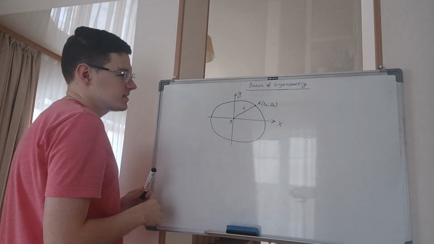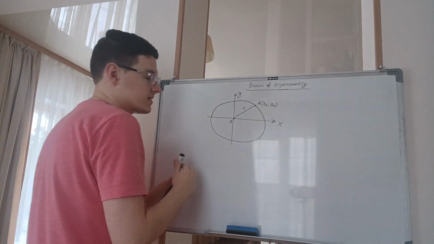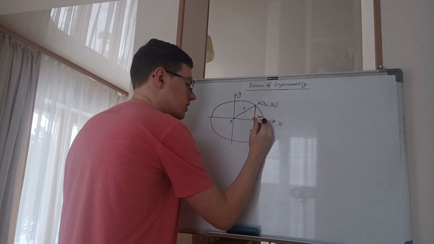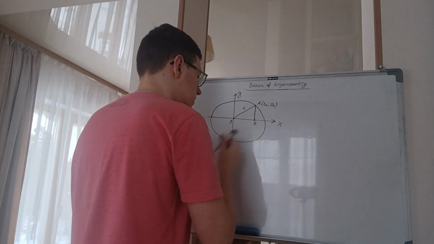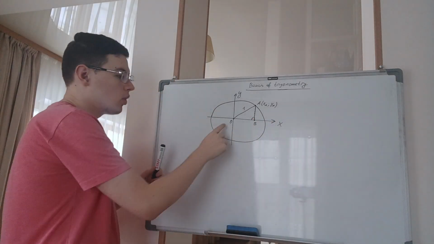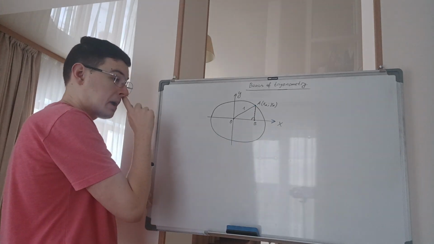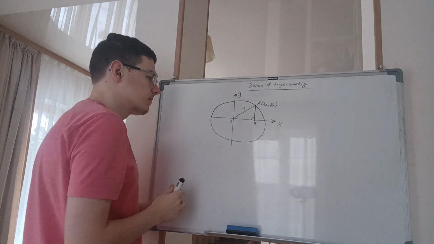And let's draw a perpendicular from A to the OX axis. Let's mark this point B. And here we have the right triangle OAB, where OA is the hypotenuse and OB and AB are legs of this right triangle.